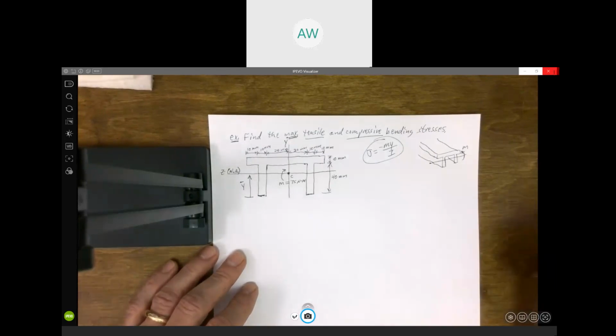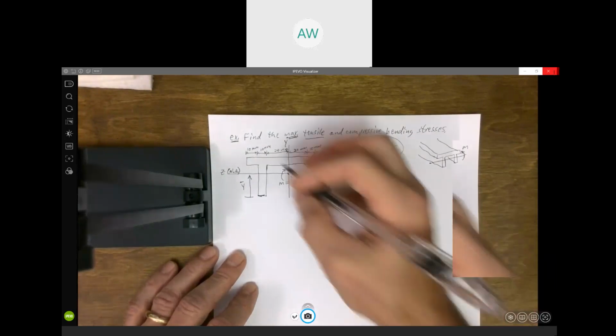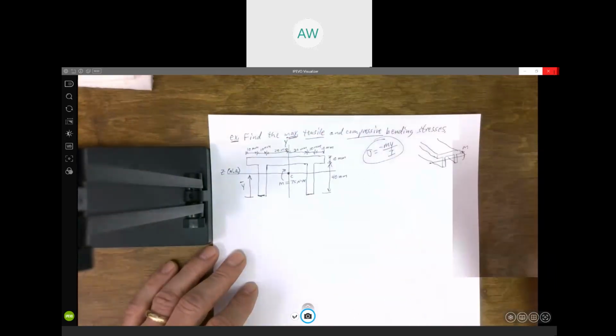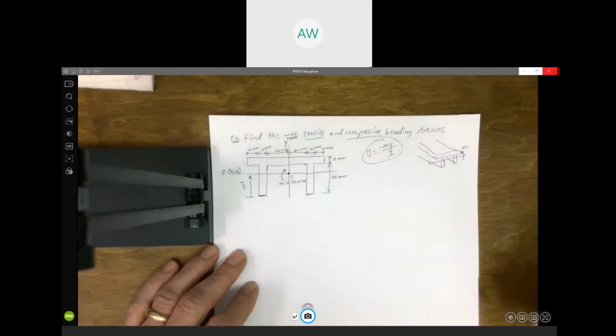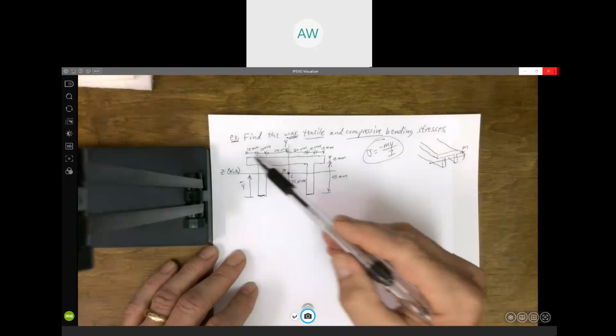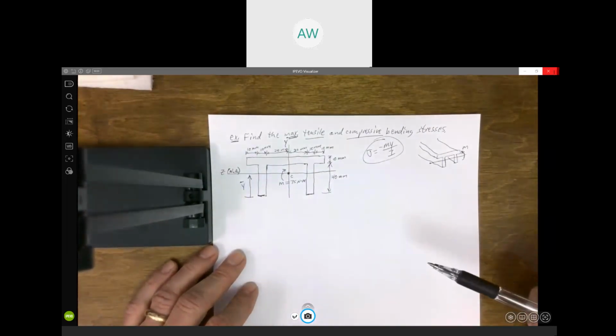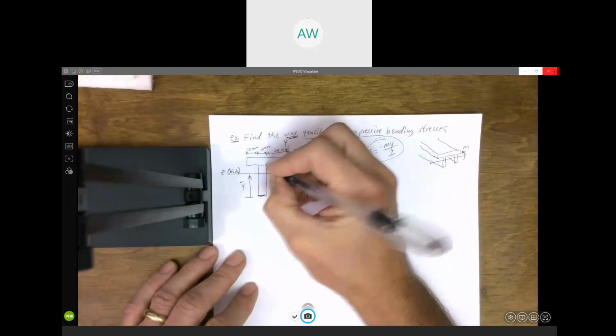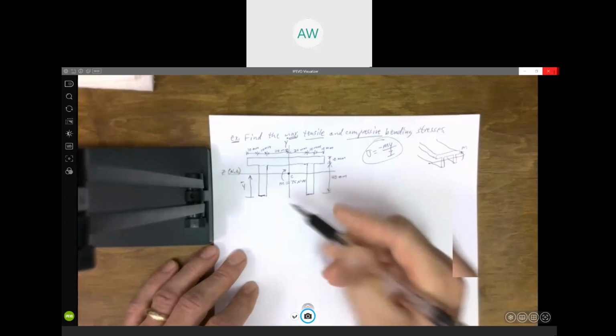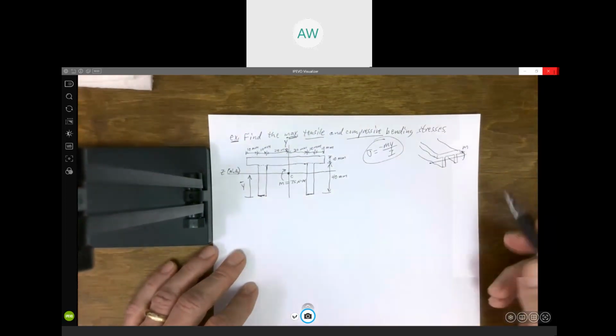Here we can break this thing up in, again, multiple ways we could do this. We could think of one big rectangle and subtract out 3 rectangles, but that's 4 pieces. It's probably more efficient if we just break it up into 3 rectangles. Then we only have 3 pieces.